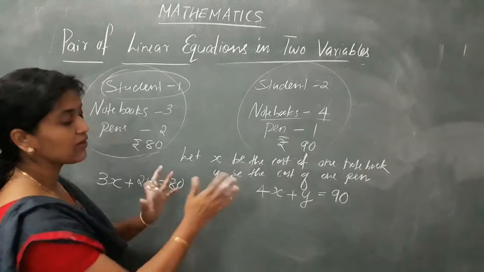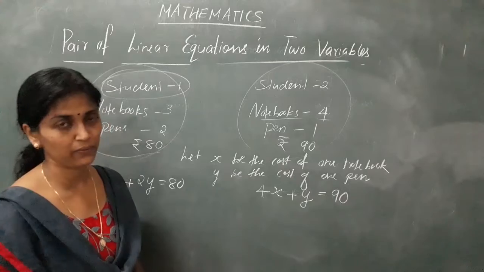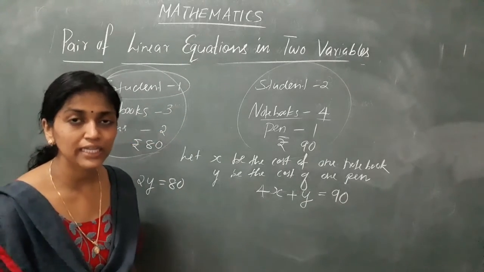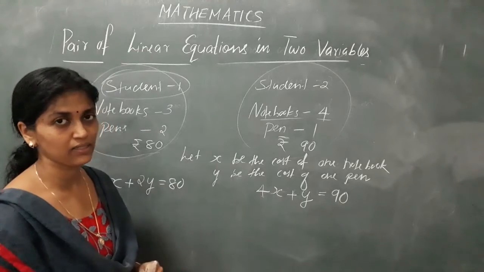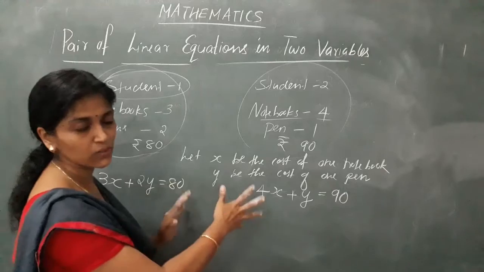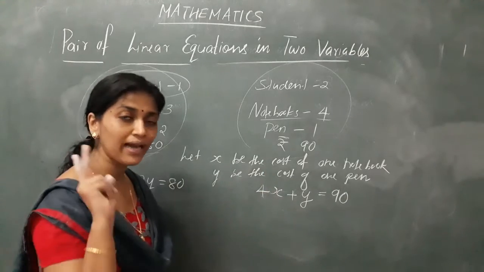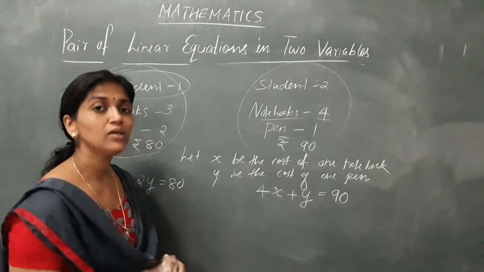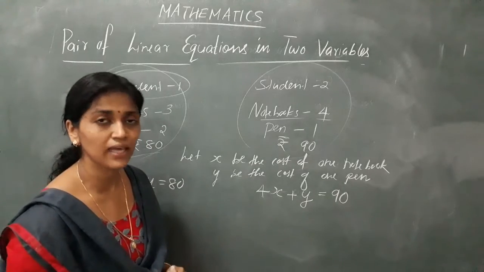So this way we can form the pair of linear equations. That's what we are going to study: pair of linear equations in 2 variables. Keep in mind that when you study the meaning of a pair of linear equations, you will have 2 linear equations, but the variables used in both the equations will be the same.